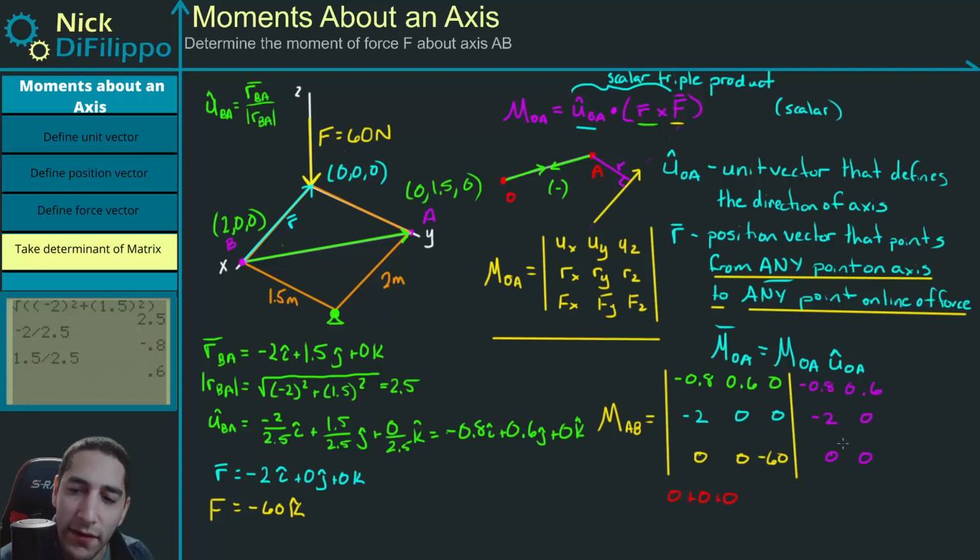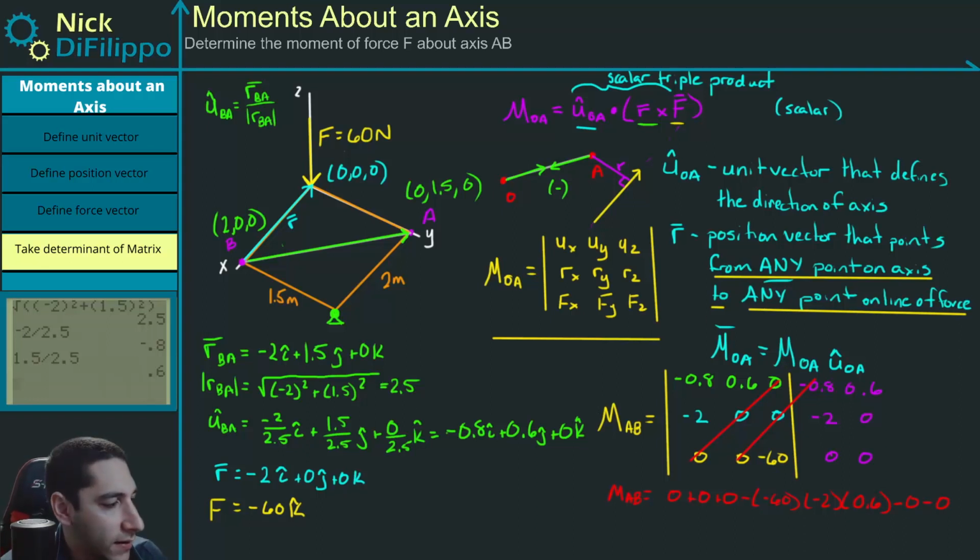Now we subtract everything going the other way. So we're going to subtract this, subtract this, subtract this. Again, most of these terms are 0, but the first one isn't. So the first one is going to be a minus 60 times a minus 2 times a 0.6. And then the next one is going to be a 0, and the next one is going to be a 0. So minus 0, minus 0. And that's the moment about AB.